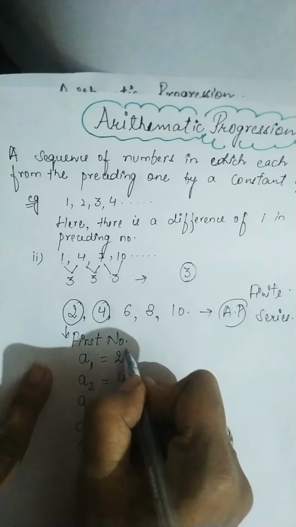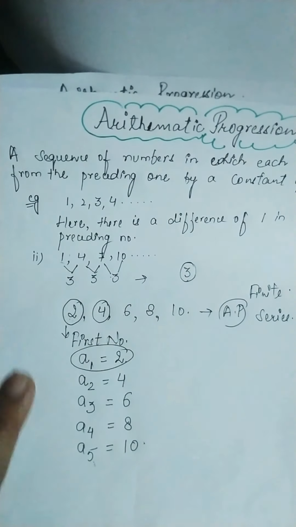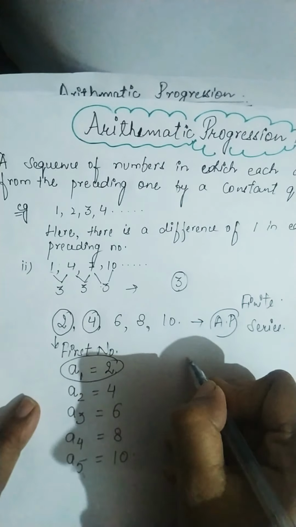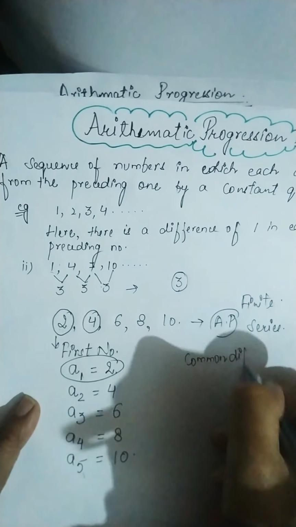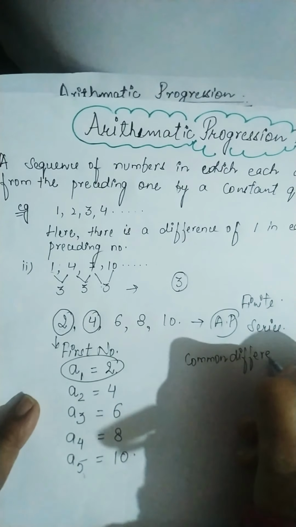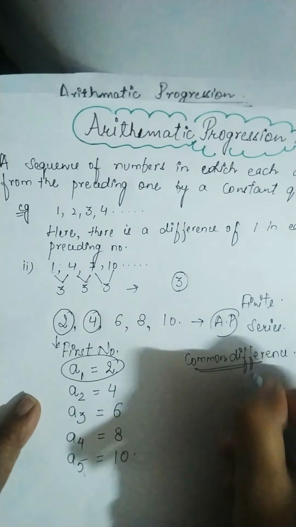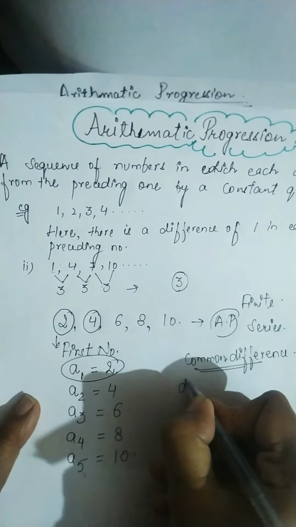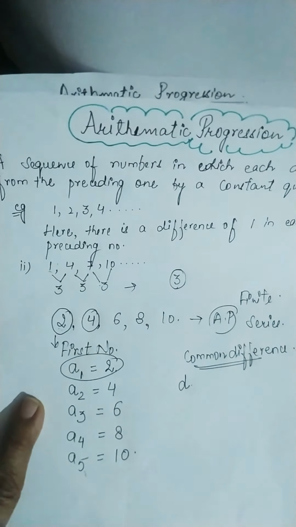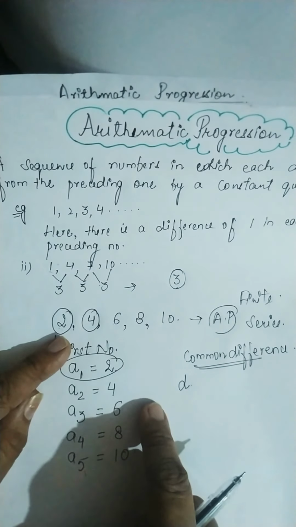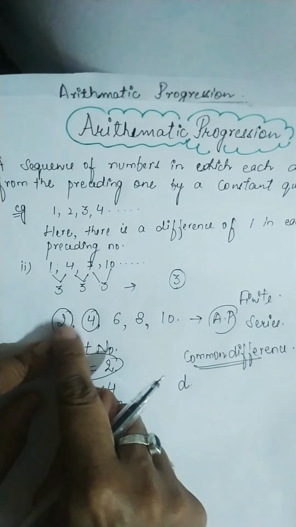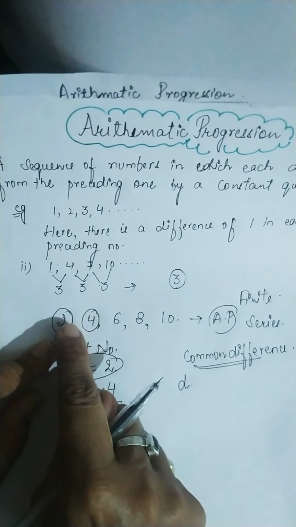Now, this is A1, the very first number. Common difference is another term that you will study in this chapter, and we denote it as D. So basically what is D? D is always the difference between two continuous numbers.